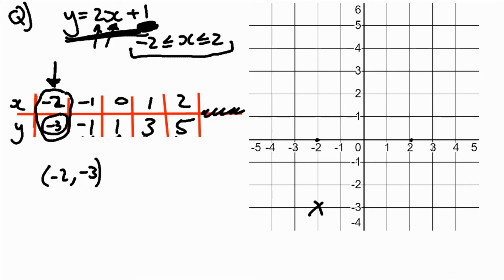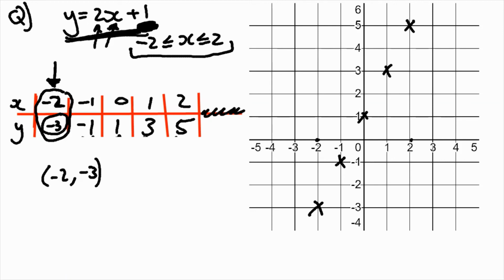Our second coordinate is going to be -1, -1. Our third coordinate is 0, +1, 1, +3, and 2, +5.